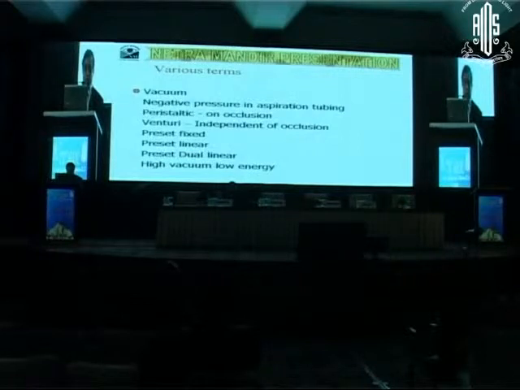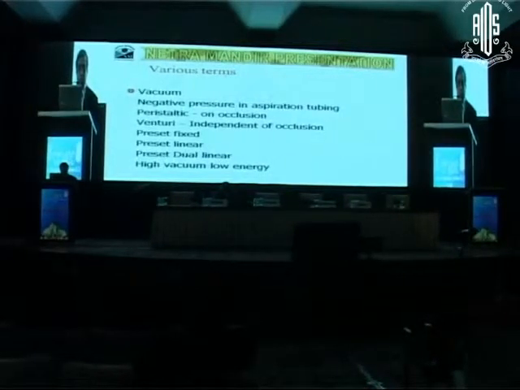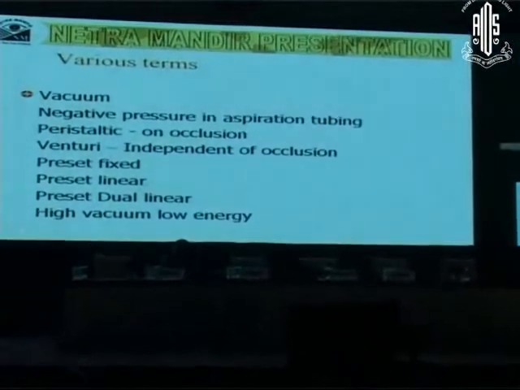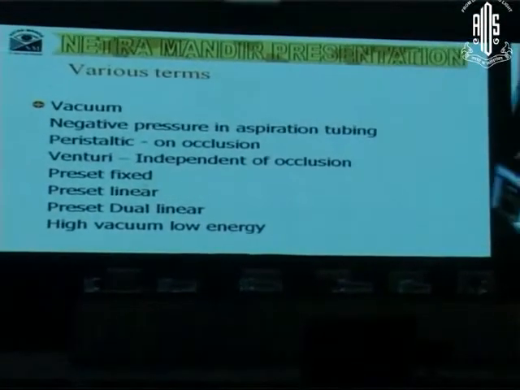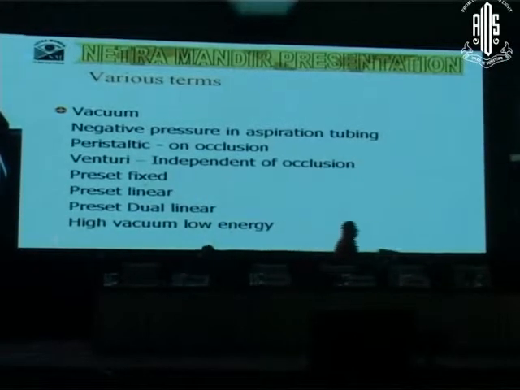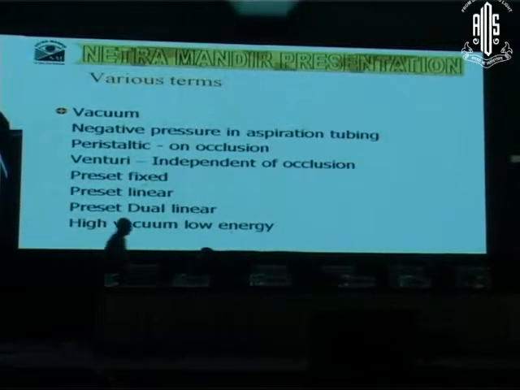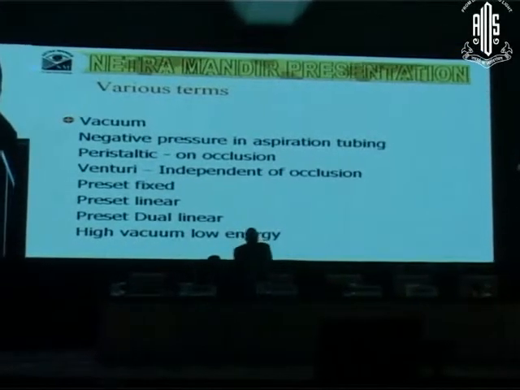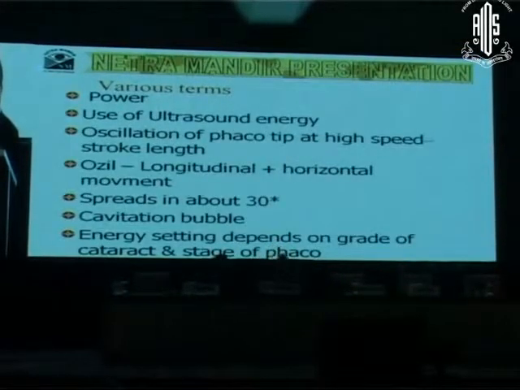It could be preset linear, it could be a dual linear. A dual linear modality is not available in every machine, but it is something where you can regulate the vacuum on time as per your wish and will, depending upon the stage and depending upon the type of nucleus that you are dealing with.